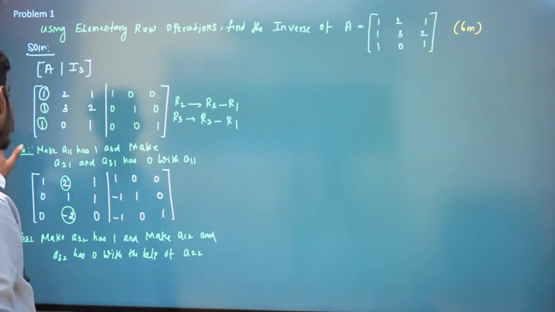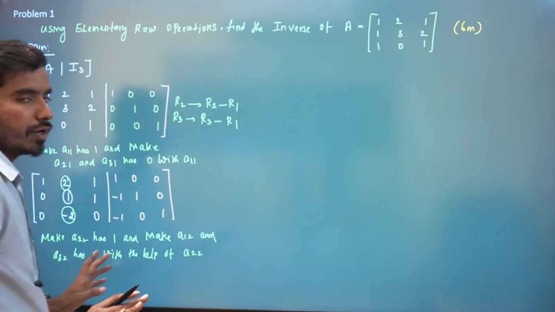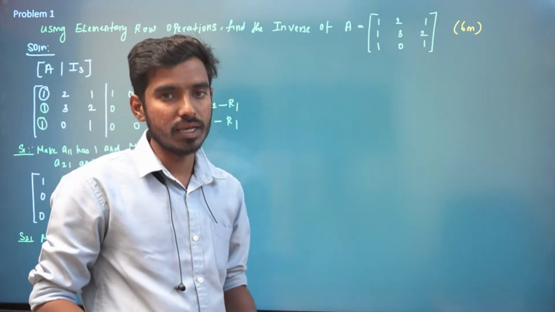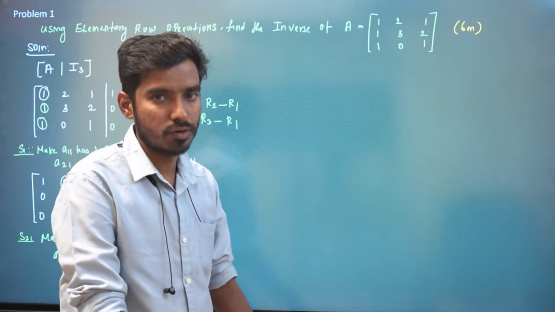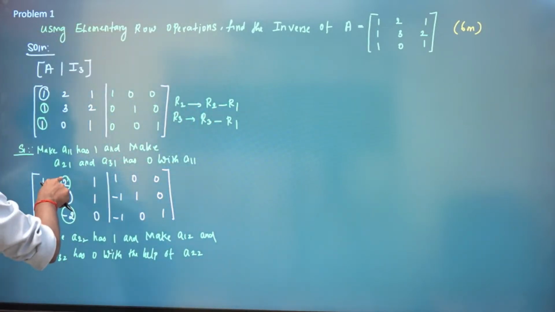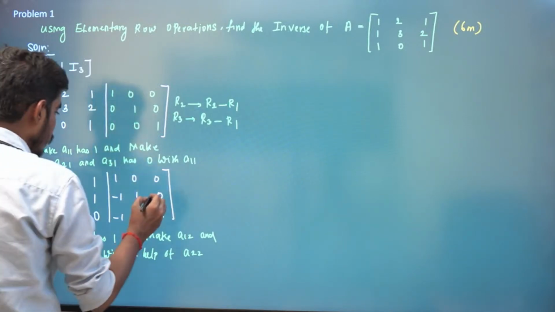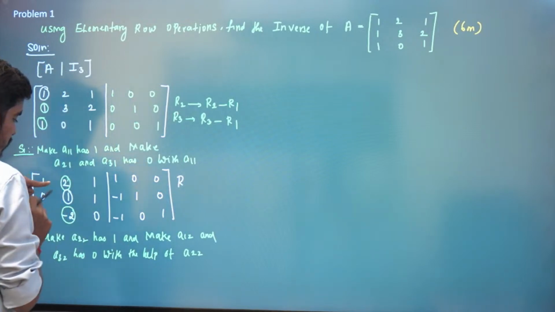Already our A22 is 1, so we don't need to make that as 1. Suppose if it is 3 or 4, you divide by that number throughout that row. So we see that already this is 1. Now we need to make this element 0, this element 0 with the help of A22. So what we'll do?